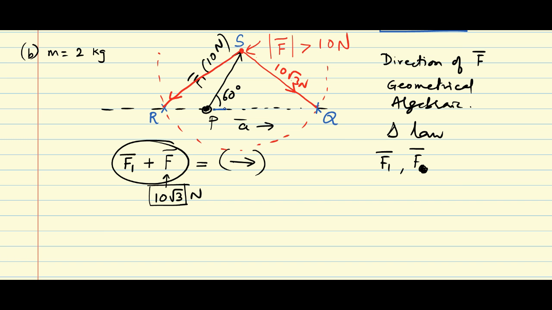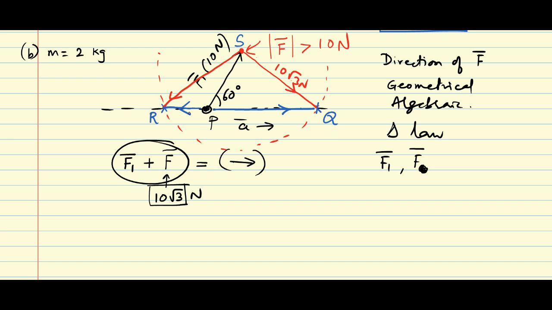Now both of them give a resultant force which is along the dotted line. So if I choose SQ bar, then I get a resultant PQ bar which is on the dotted line, and if I choose SR bar to be F bar, then also the resultant is on the dotted line, but it is in the leftward direction.